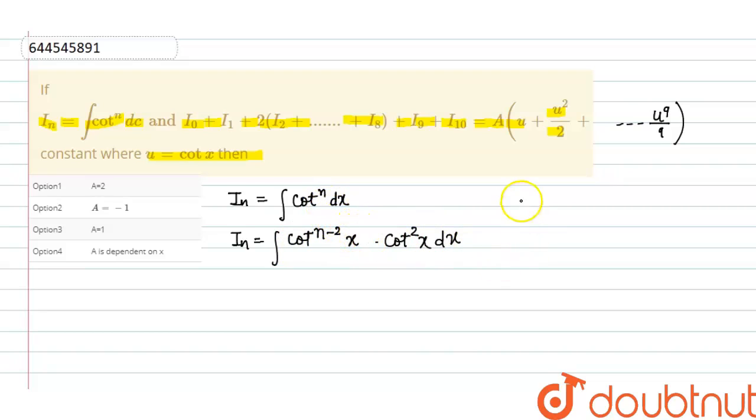Now, as we know, cosec square x is equal to 1 plus cot square x.